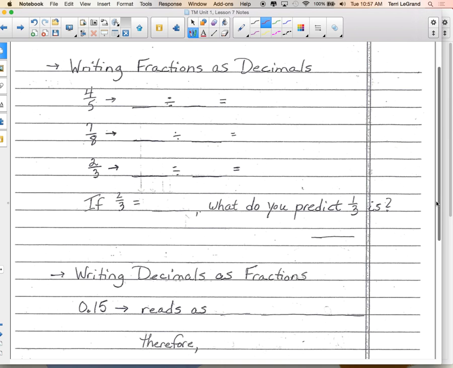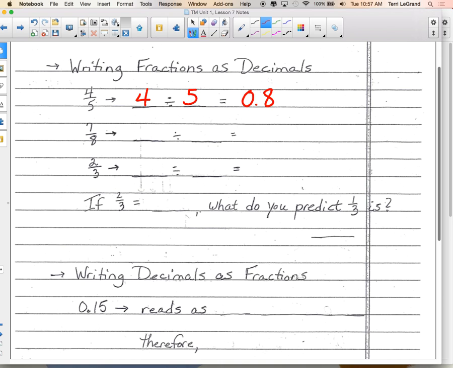Divide the numerator by the denominator. So this first one's going to be 4 divided by 5. Tell me if I'm right. Yeah. Alright? Okay.